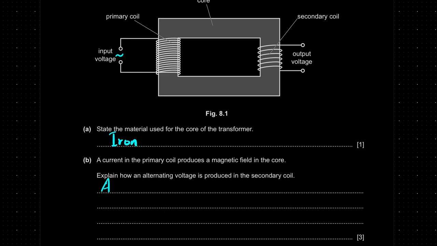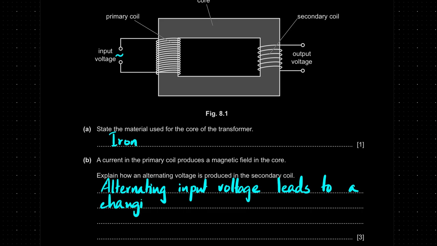So the alternating input voltage, or you can also say current, leads to a changing magnetic flux. And because of this changing magnetic flux, you can say that field lines are cut by the secondary coil.